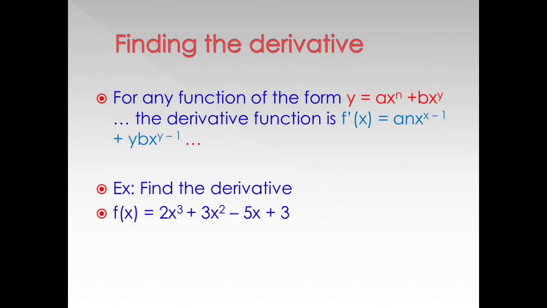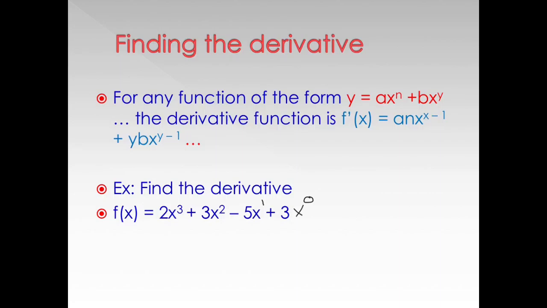The power rule can be applied to any number of terms within a polynomial. So if you look at our example here, we have 4 terms. I'm going to treat each one individually. Before we do it though, we want to note that for the negative 5x term, the exponent is 1. And for the 3, it can be written as 3 times x to the 0 power.